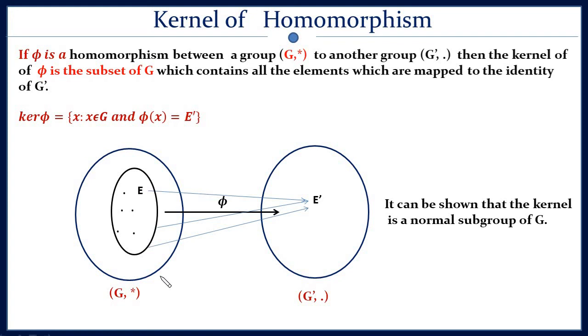A subgroup is a subset of group G which itself satisfies all the conditions to be a group. And a normal subgroup is one where, if we satisfy certain conditions, the left coset is equal to the right coset for that subgroup, then that subgroup qualifies as a normal subgroup. It is easy to show that ker phi, that is the kernel of a homomorphism, is a normal subgroup of group G. Let's see the example.